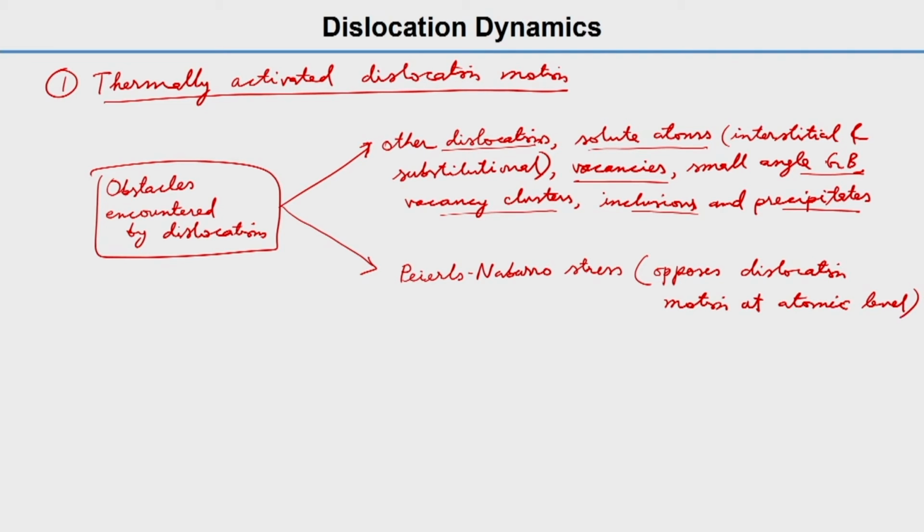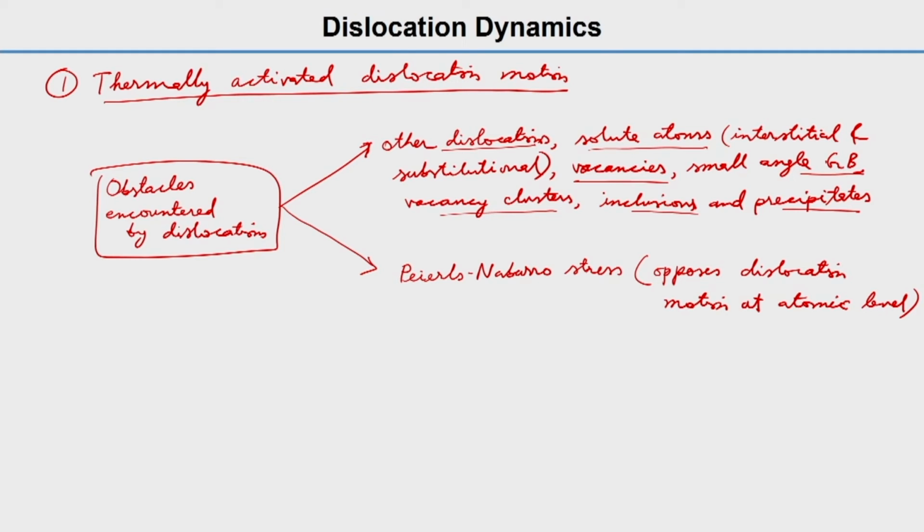So we will see what is that at atomic level. As you know, others like vacancies, other dislocations or grain boundaries, you can also think of as kind of atomic level, but this is at an even smaller length scale. It's only one atomic distance.